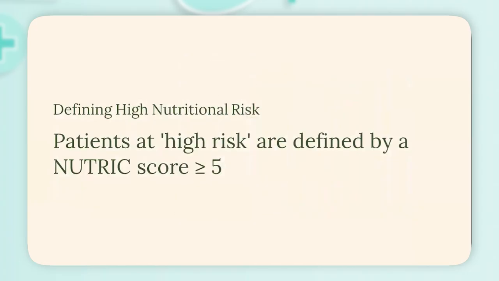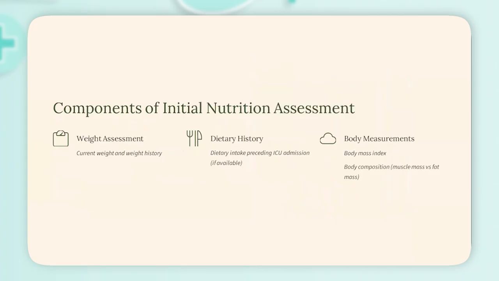So when the patient has a Nutric score of more than 5, they are at high risk of ICU mortality. To consider in the Nutric score, you need to check the comorbidity of the patient before the admission, the weight, the dietary history before the hospitalization, and of course the body mass index.